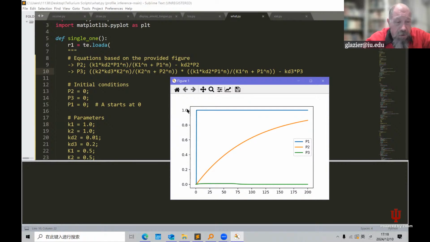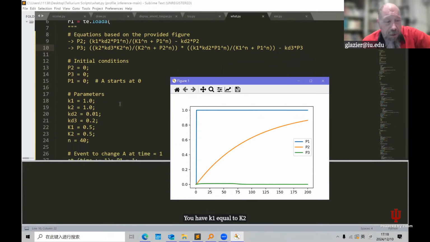So one thing that you have here, you have KD, let's see. You have K1 equal to K2 is 1, that's fine. You have the decay constant KD2 0.01, so it's slow. You have decay constant KD3 2, that looks all right.